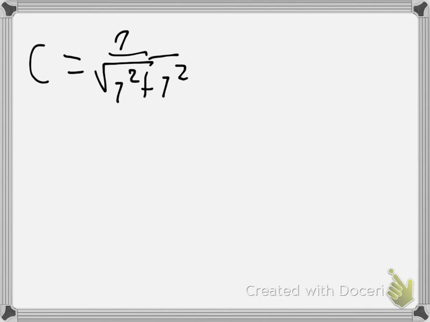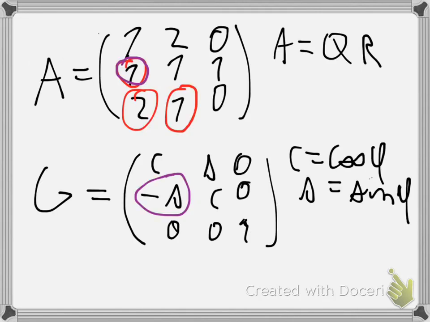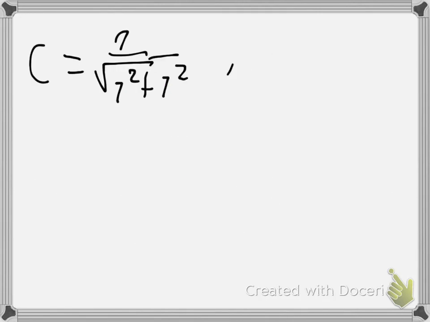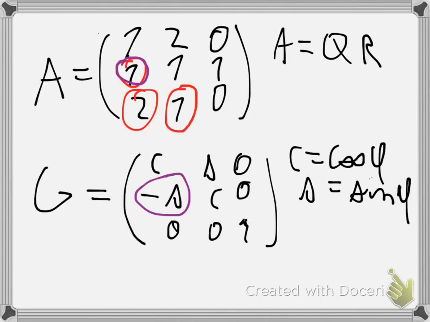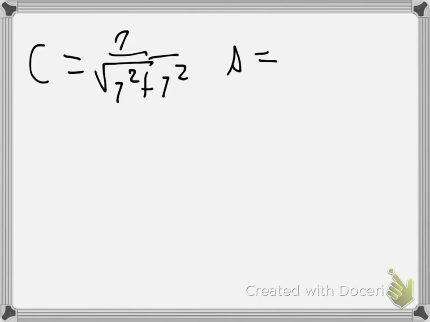And our sine is equal to the element we want to eliminate, so here 1 over the square root of this element squared plus the element at the top, so it's the inverse of the formula for the cosine. So we get our two values.